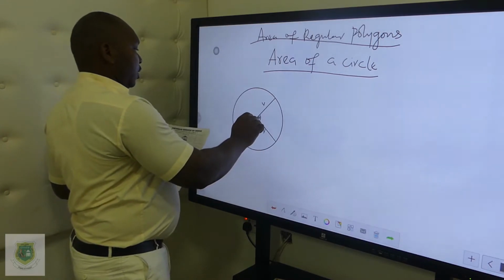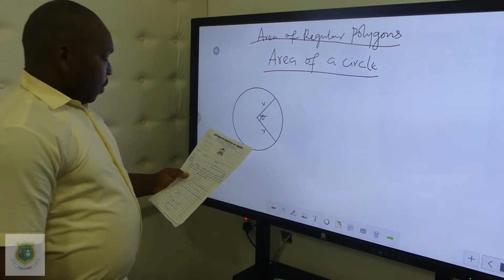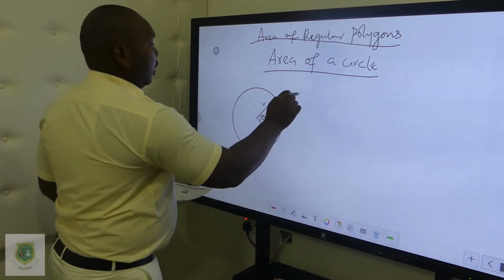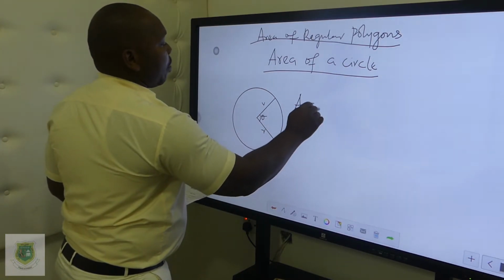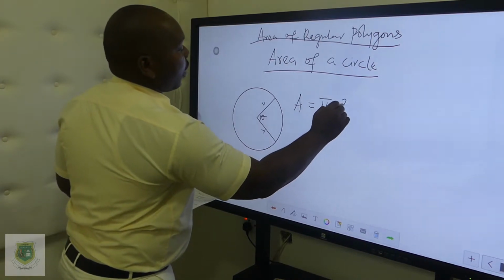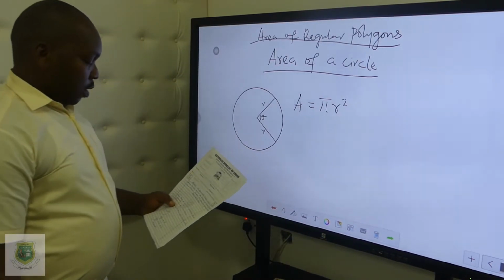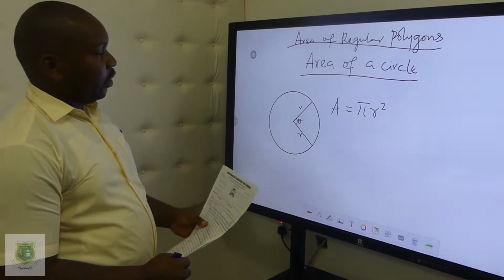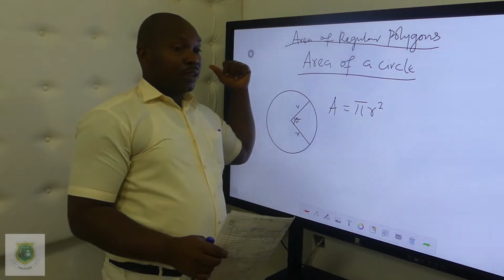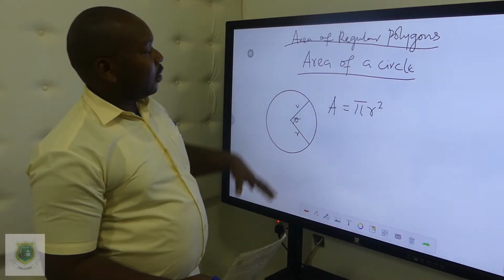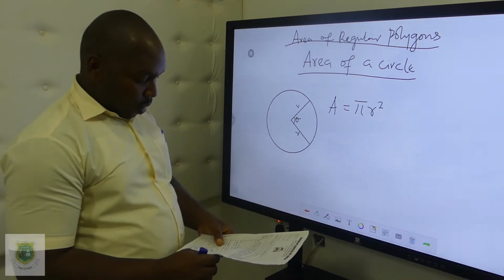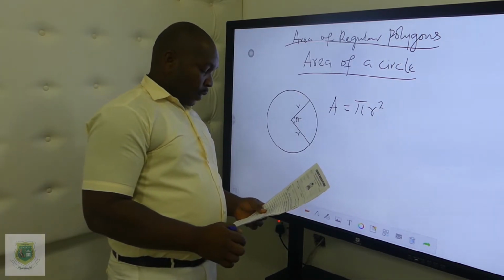Now, the area of a circle is given as pi r squared. That is the area of a circle. The pi remains what it is in our previous solving. The r remains the same definition.